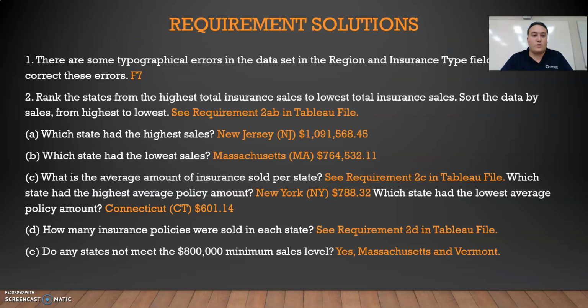So here were our requirements for this certain project. Number one, there are some typographical errors in the data set in the region and insurance type fields. So they're basically just typos or spelled wrong. Now, I've seen a lot of bad explanations on how to do this, but the right way to do it is just press F7, and it gives you a list of words that are wrong and what they might actually be supposed to be spelled.